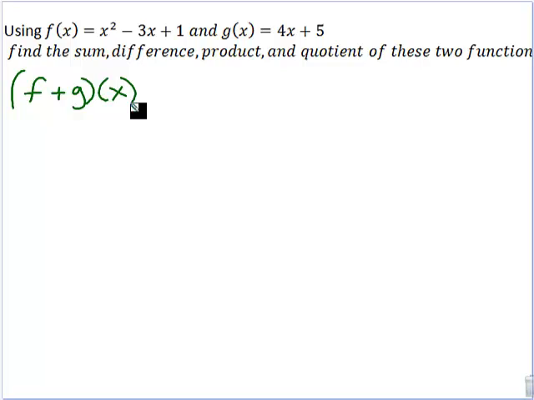So x squared, are there any like terms over with the g of x one? No, so we just leave that x squared. Then we have a negative 3x, we want to add our 4x to it, plus x, and then we have a 1 plus a 5, plus 6. So there's our f plus g of x.